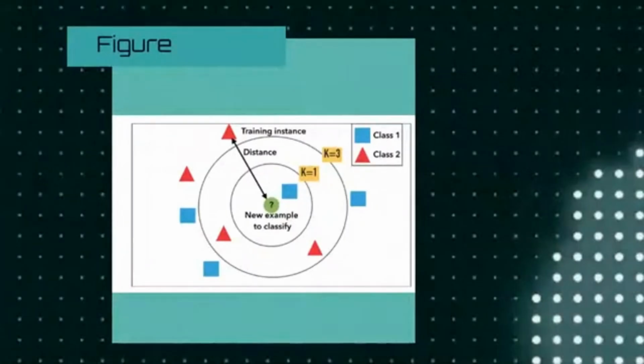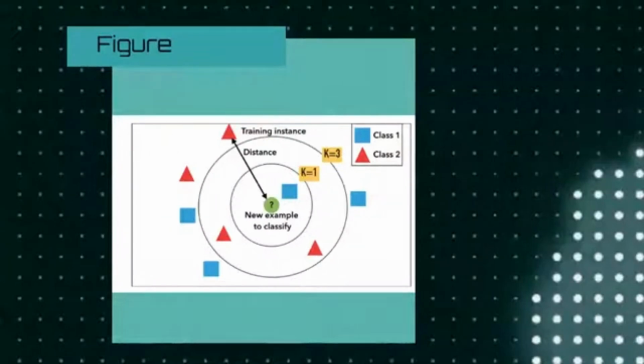Suppose this question mark is the new example to classify. Suppose I give K equal to 1. Then the nearest distance from this new example is calculated to class 1 and class 2. Class 1 is the square and class 2 is the triangle.